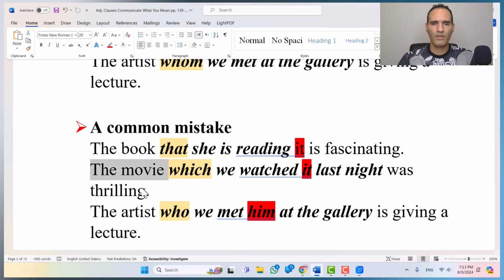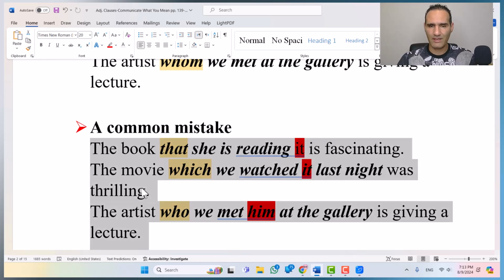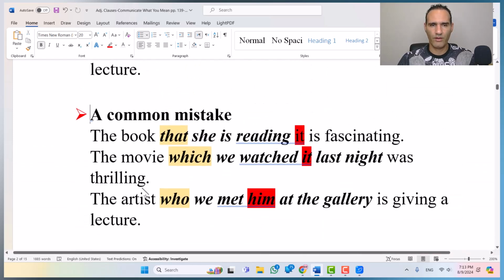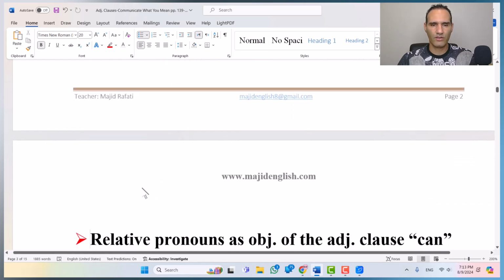Or the movie which we watched it last night. If you bring which, it is exactly instead of this it. You must omit it. And the artist who we met him at the gallery. Who we met, not who we met him. So these three are common mistakes. That's why I brought them. Be careful not to repeat the pronoun that it is referring to.